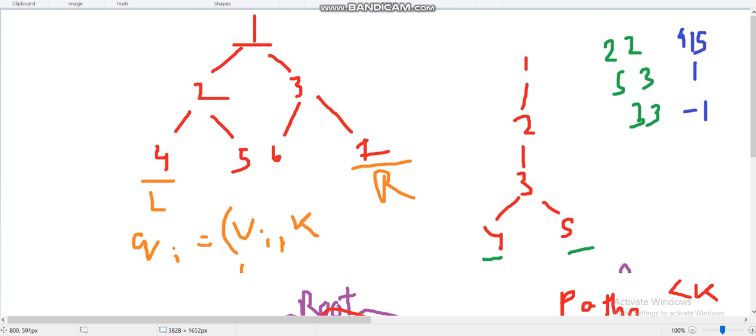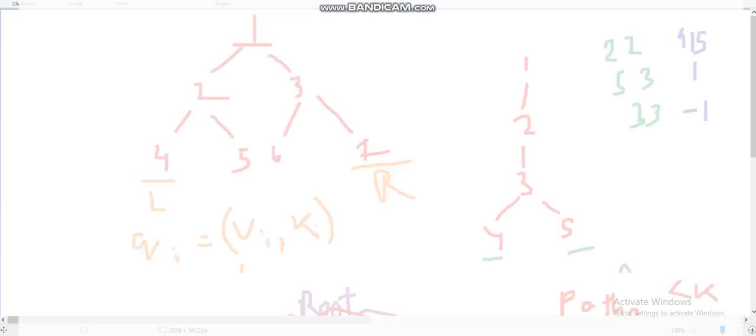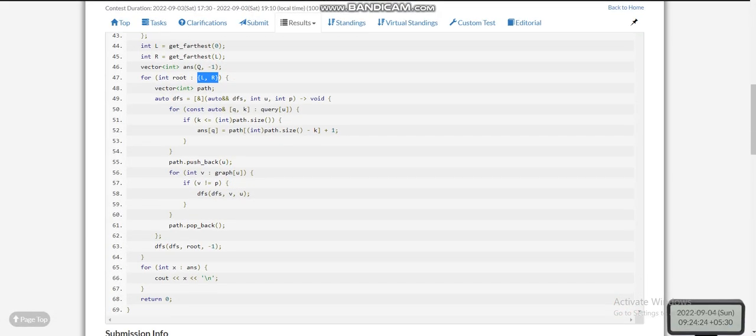So they will do dfs from both l and r, and when they are at node u, they are checking that answer of q equals path of integer of path dot size minus k plus 1, that I have already explained.